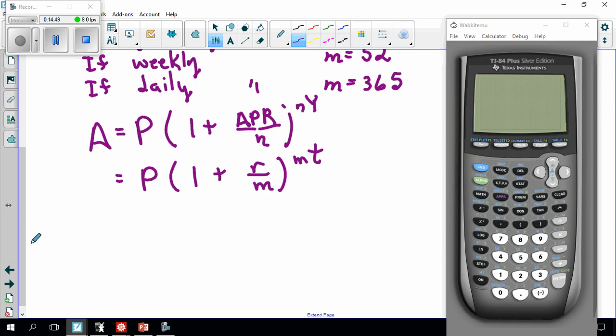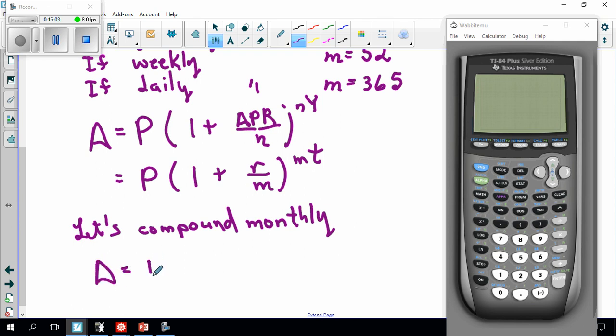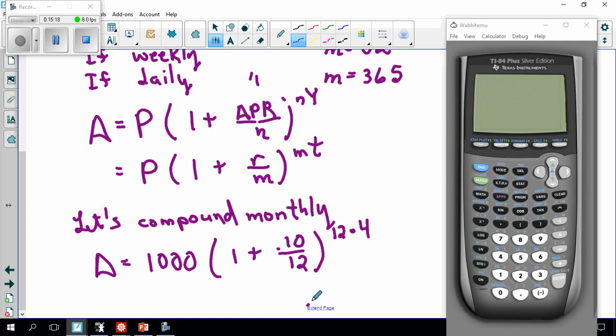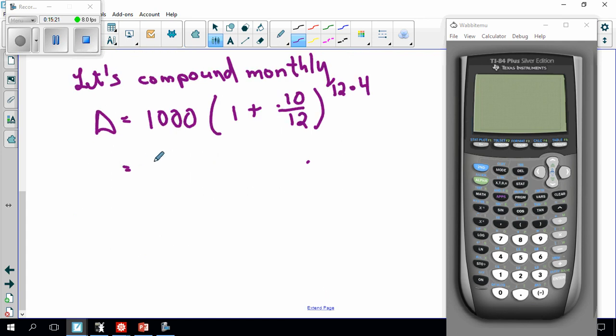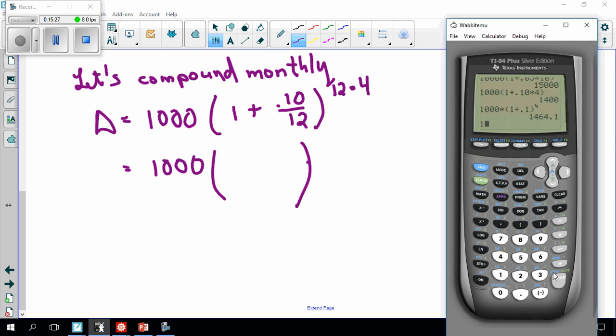All that said, let's do the problem, but let's compound monthly. I would love to know the final amount of $1,000 at 10% compounded monthly to the 12 times 4. Now, I'm going to start being careful because a lot of you don't have the fancy calculators. So 1 plus 0.1 divided by 12.